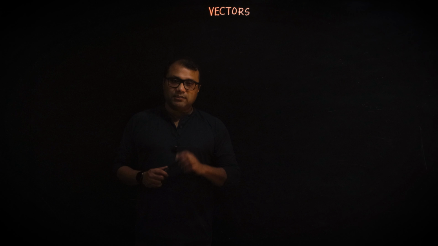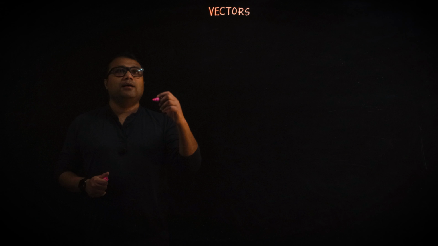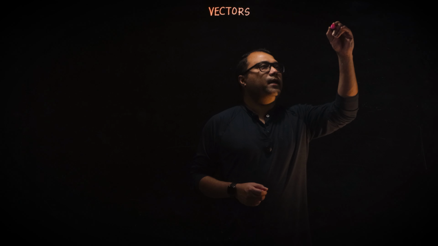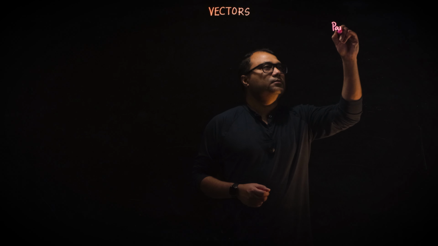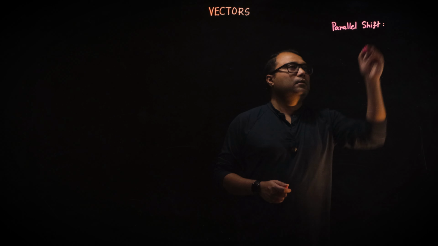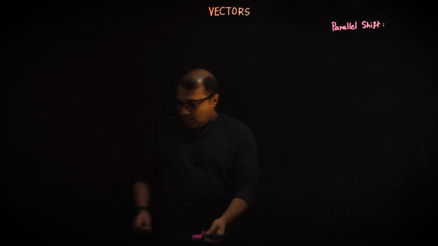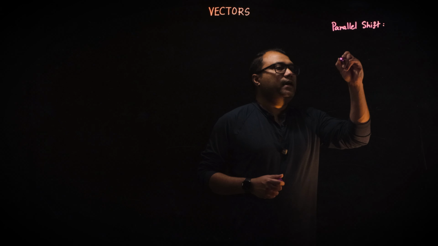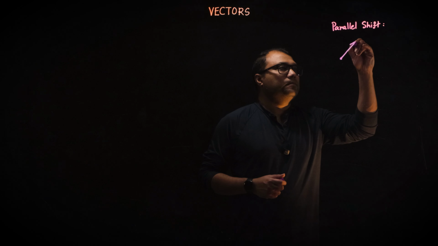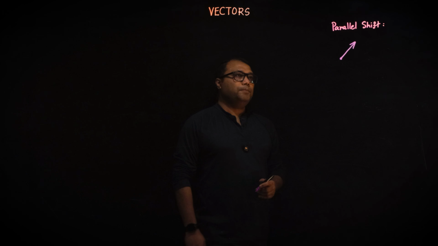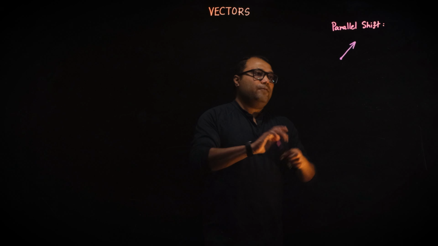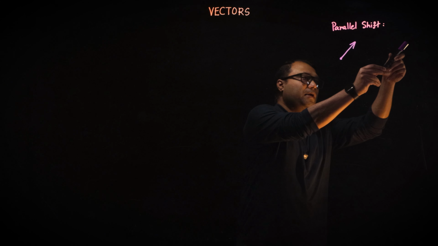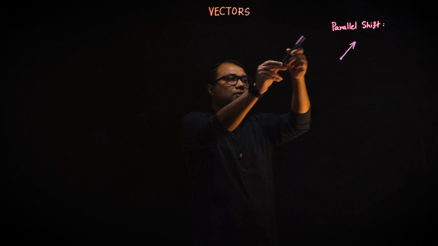Okay, this next concept is very critical. It's called, let me write it here, parallel shift of vectors. Okay, so what is parallel shift? If I have a vector like this, I can shift it parallelly anywhere and it does not change.